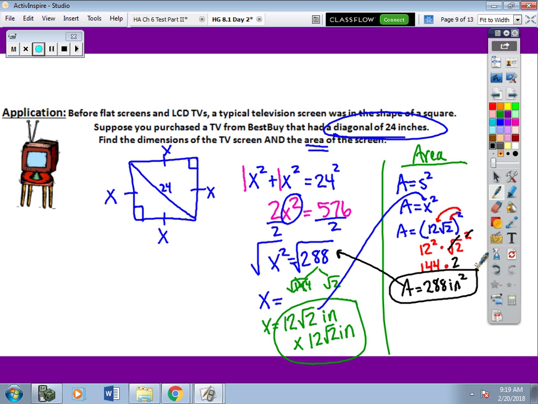Now, just as a little side note, what if I asked you to find the perimeter? They didn't ask us, but it's always good to. Brett? P equals 4s. Okay, so the perimeter formula for a square would be 4s. 4x.